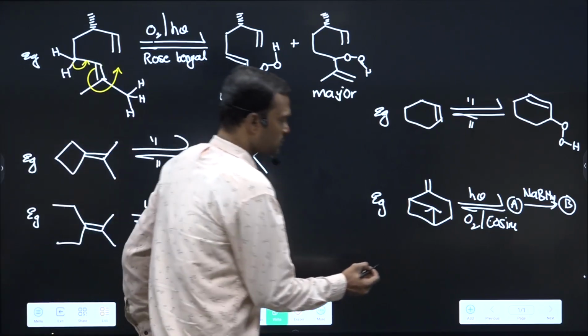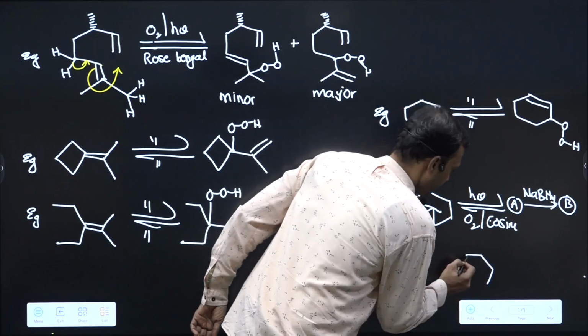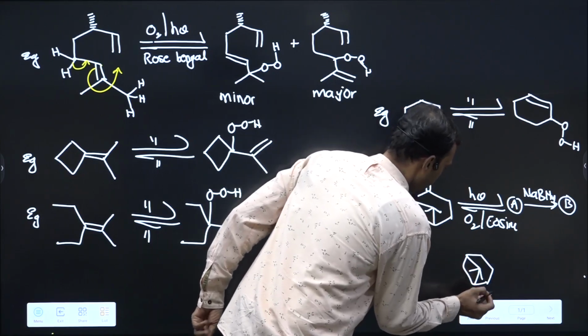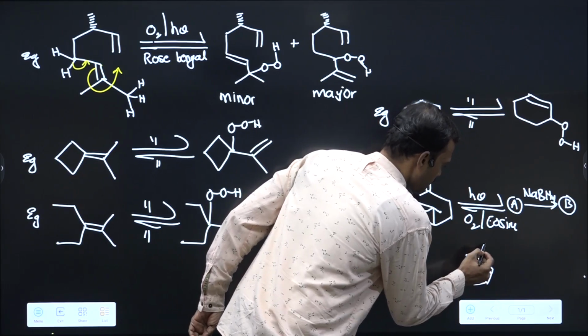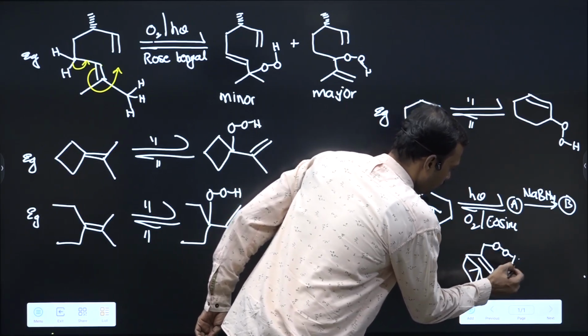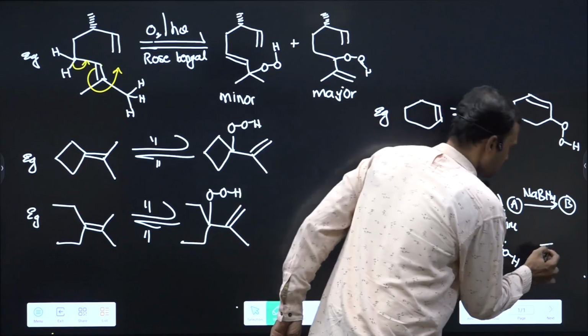So here what do you expect? What is A? Here this is a double bond and it becomes OOH and breaks this.